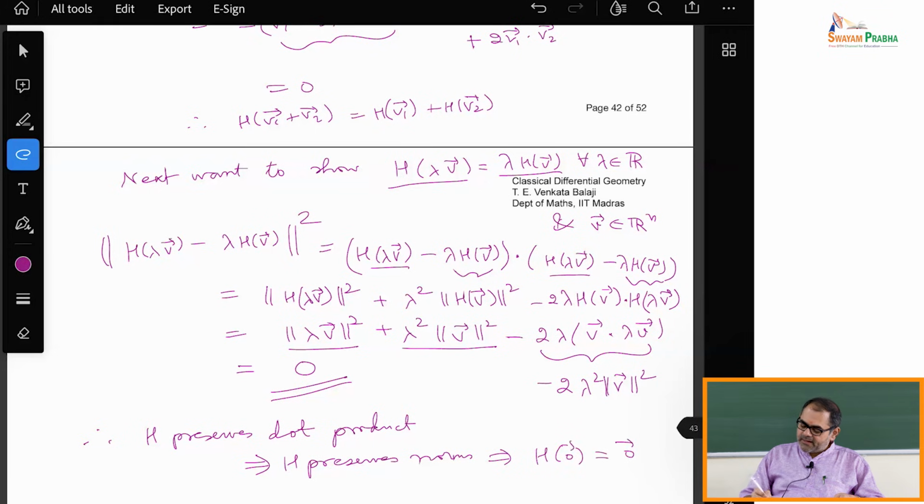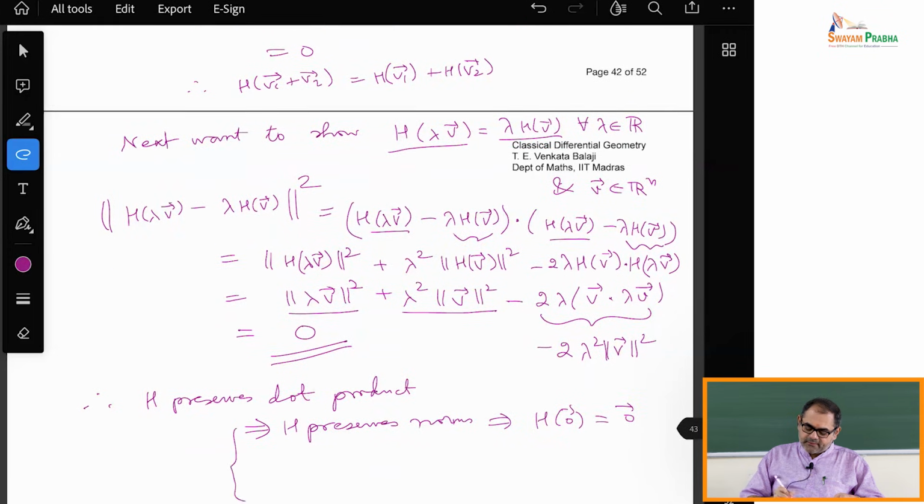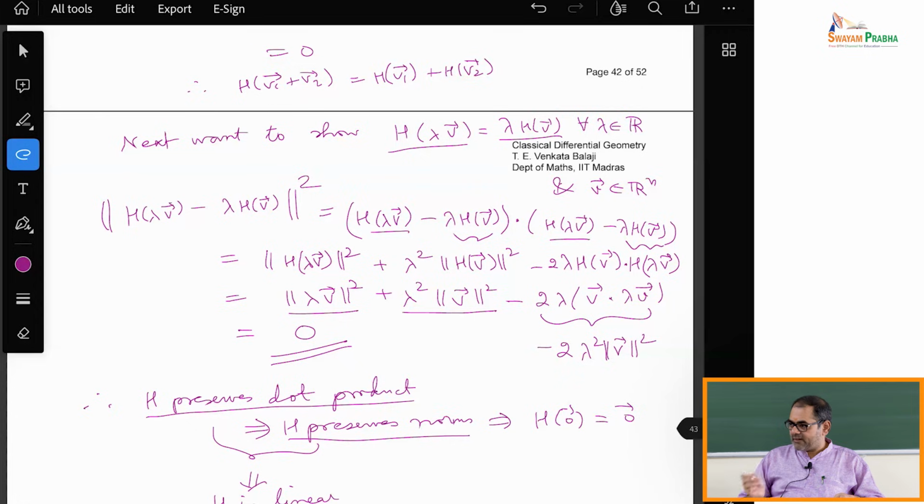Okay, and you will also get that H preserves dot product and H preserves norms; if you put both together, these two imply that H is linear. Of course, H preserves dot product is enough. Okay, but in proving H is linear, I also use that H preserves norms. But that also H preserves norms follows from H preserves dot products. Okay, so H is anyway a linear map.